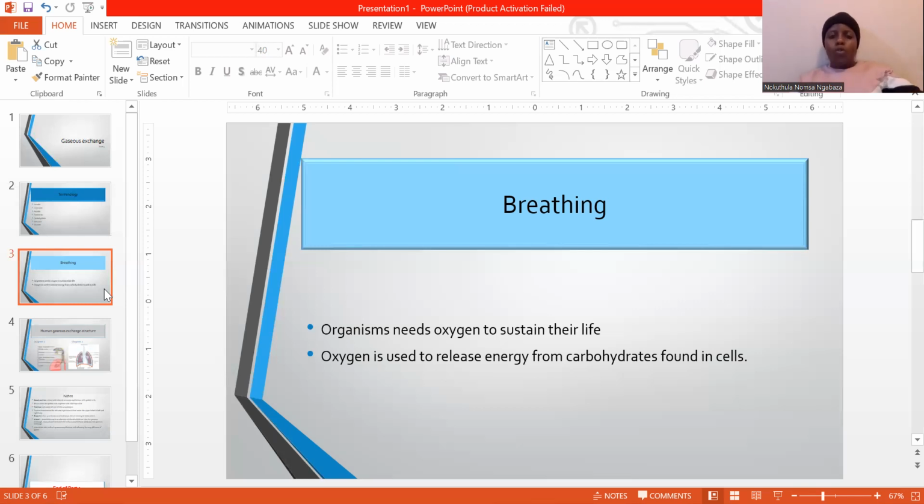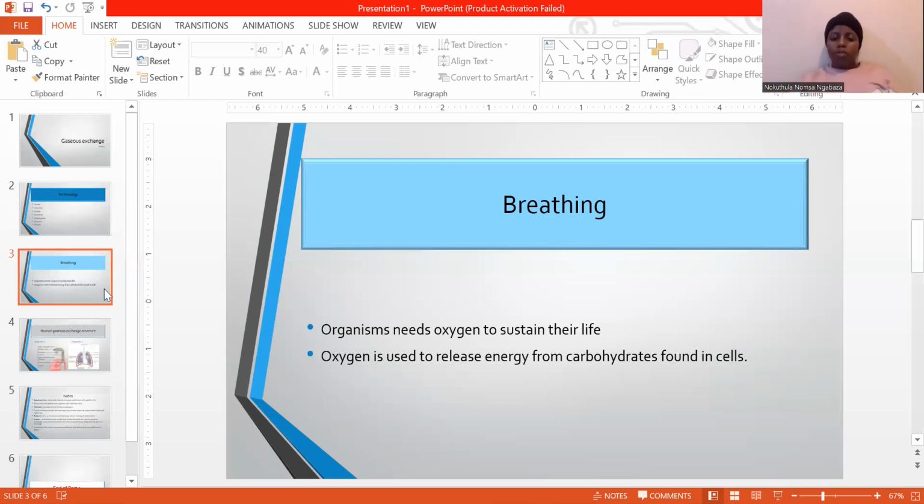That's why you're always going to need oxygen to be present, and you also need the same oxygen to release the energy found in the carbohydrates in your cells to different parts of the body, so that each and every organ in your body can have energy.